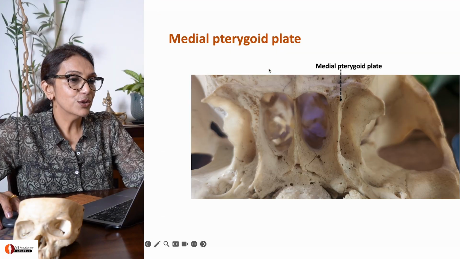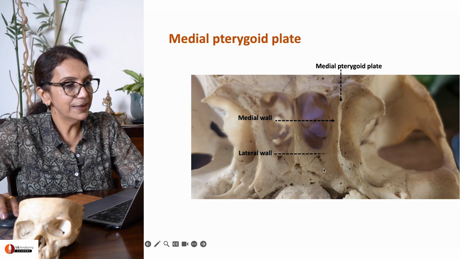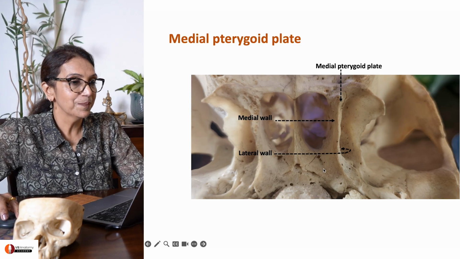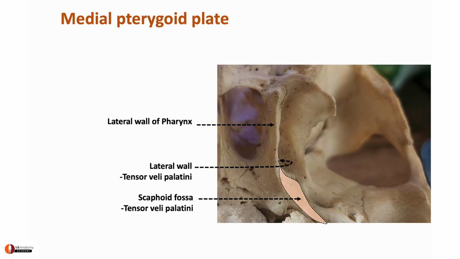So this is your medial pterygoid plate, which has a medial wall and a lateral wall. Correct? The medial wall actually forms the lateral wall of your pharynx. The lateral wall continues down as a fossa called the scaphoid fossa. Together they give attachment to our muscle, the tensor veli palatini muscle.